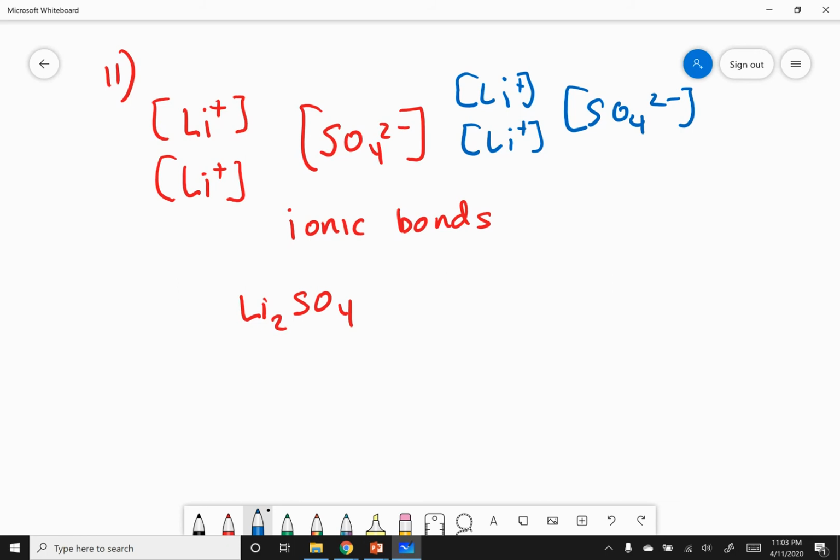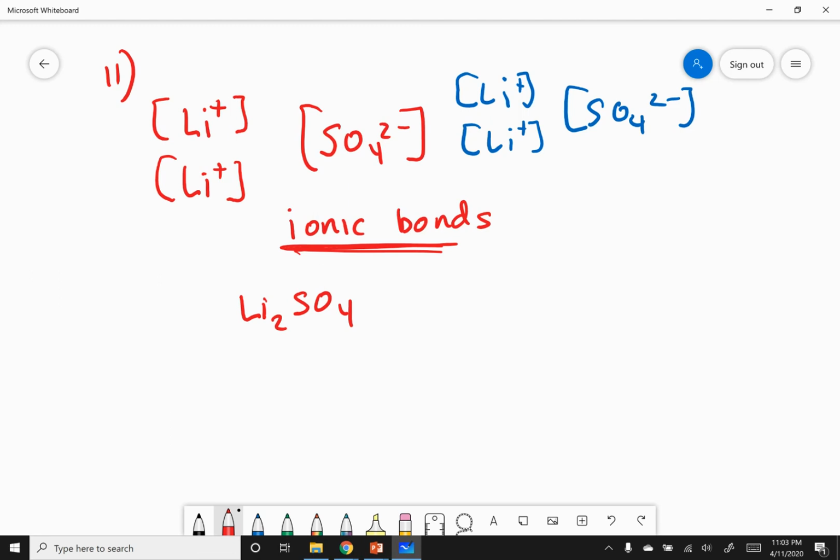Now that means that this is a big honking molecule, and to actually get it to break apart, to get lithiums and sulfates to fly apart, I have to break ionic bonds, and ionic bonds are much, much stronger than any intermolecular force. Remember, this is about 100 times stronger than a dipole-dipole force.